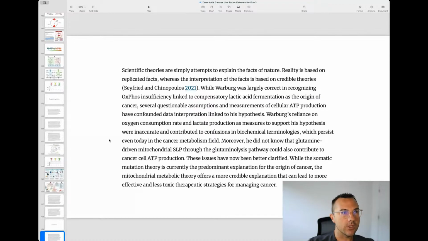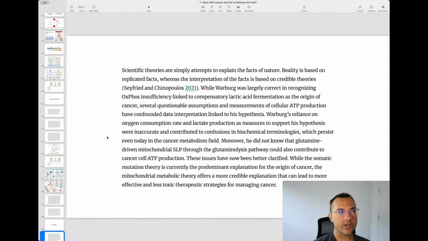While Warburg was largely correct in recognizing OXPHOS insufficiency linked to compensatory lactic acid fermentation as the origin of cancer, several questionable assumptions and measurements of cellular ATP production have confounded data interpreted links to his hypothesis.